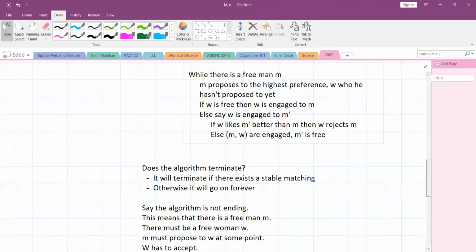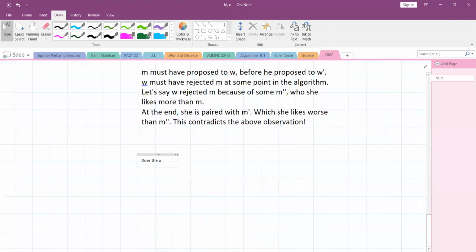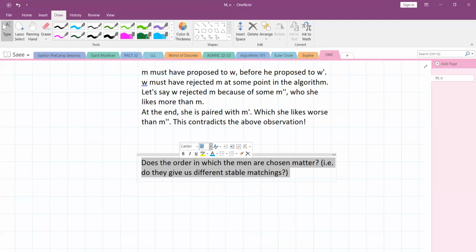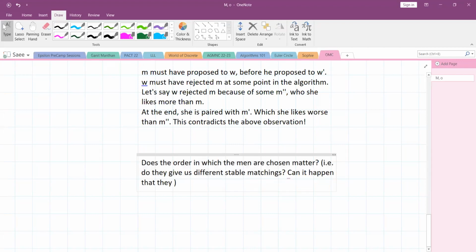So let's write down this question. Does the order in which the men are chosen matter? I.e., do they give us different stable matchings? Also, can it happen that they give us the same stable matching? Is the question clear?